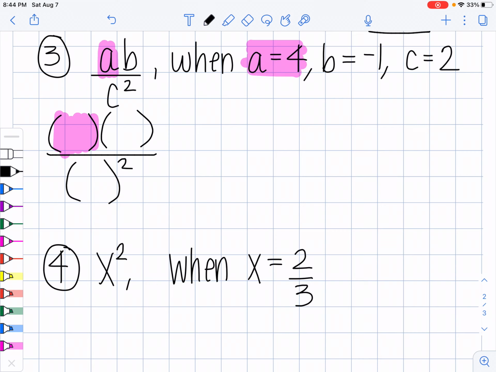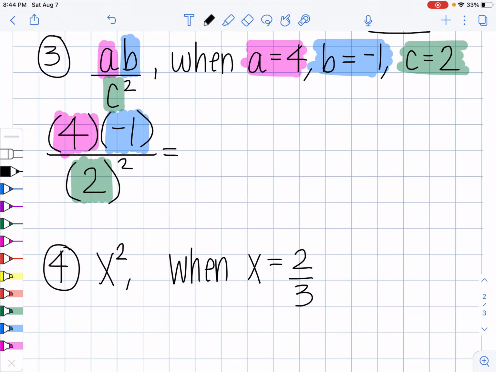So I'm going to write here a 4. Over here I have a b, which goes in this space. I go over to my code breaker. b is -1, so wherever I have a blue, I'm going to write a -1. And then on my bottom, I have a c. So in this part c, I go over here, what does it tell me I need to write in place of a c? I need to write a 2, just like this.